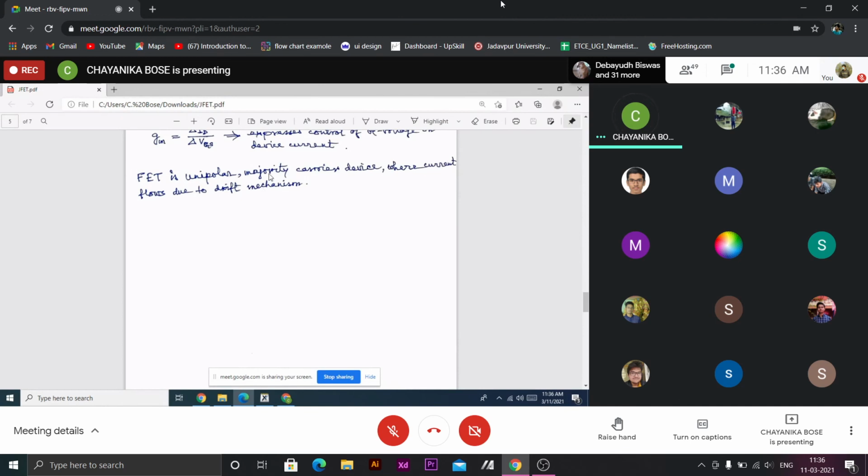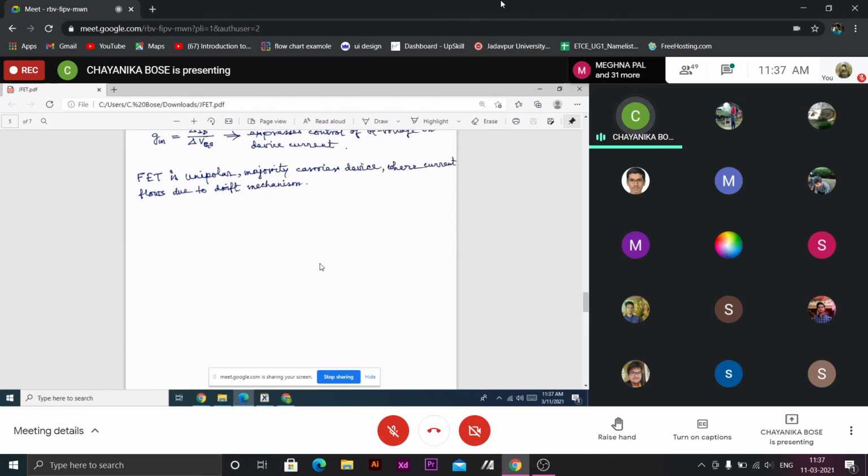And the basic mechanism of carrier flow is diffusion across the neutral base in the case of a BJT. So that is a bipolar device and a minority carrier device, where the main current flow occurs due to diffusion. When they are diffusing, it means a concentration gradient is created for minority carriers.